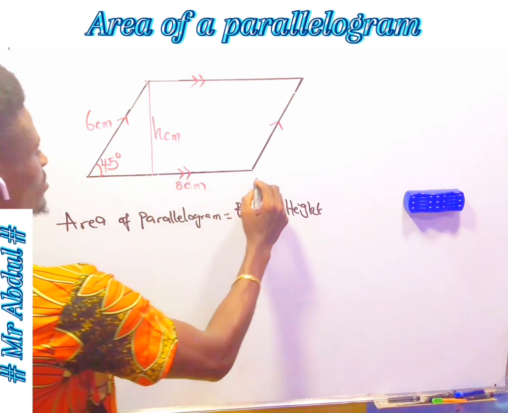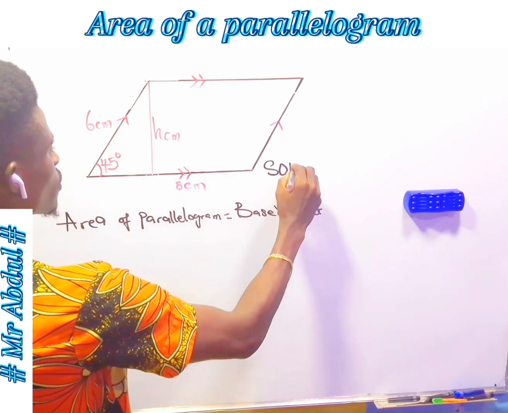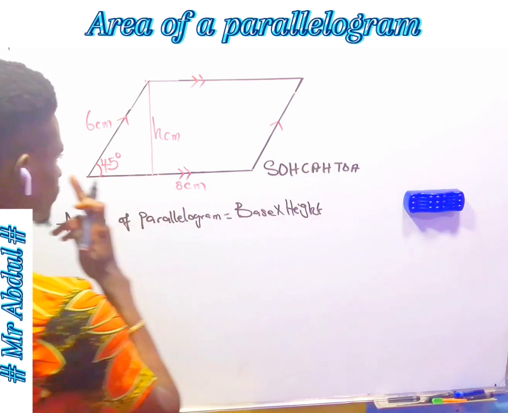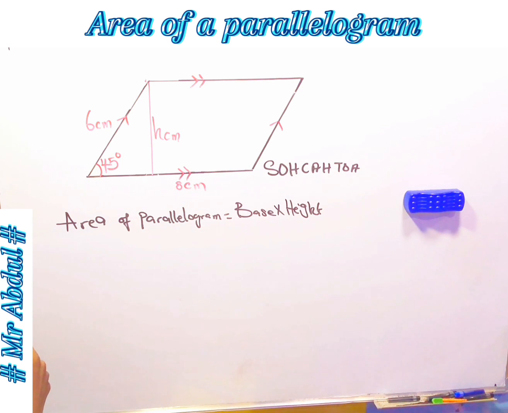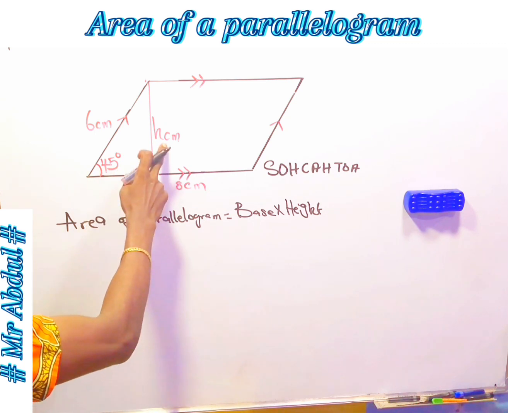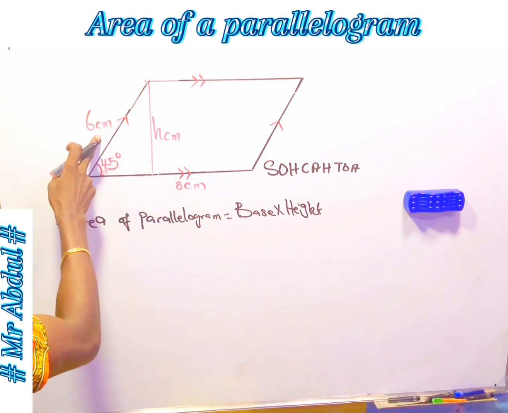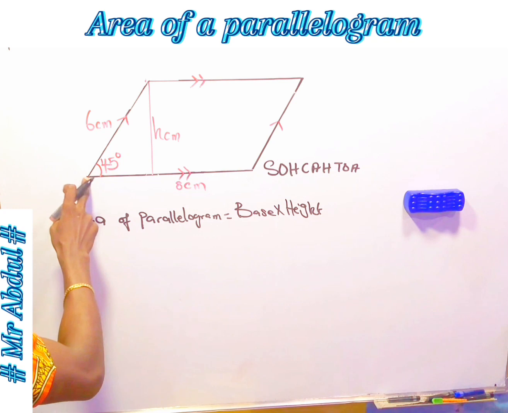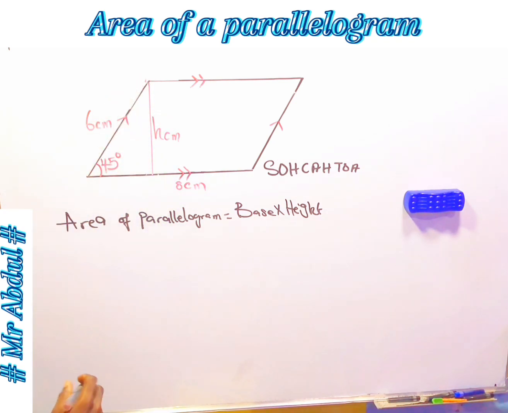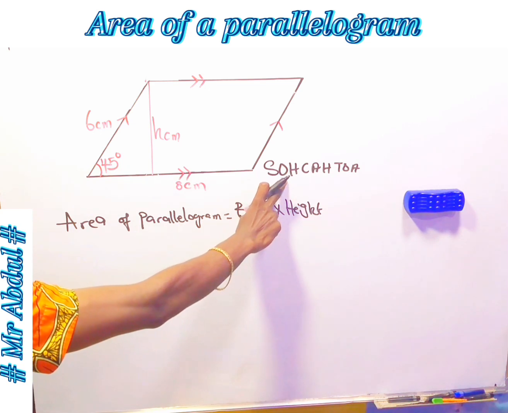To find the height in centimeter, we utilize SOHCAHTOA, which is the trig ratio. Using the trig ratio, we have the angle, the opposite of the angle, and the hypotenuse of the angle from this triangle. Therefore, that goes with sine.